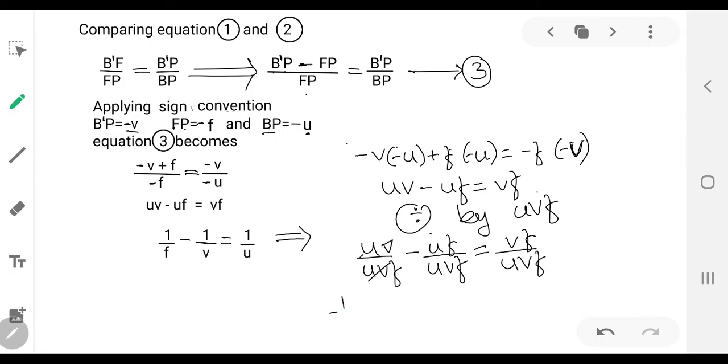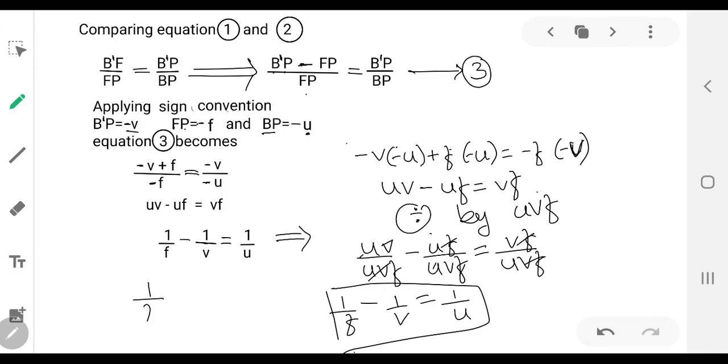What remains? 1 upon F. UF cancels, remains 1 upon V is equal to VF cancels, remains 1 upon U. Now this equation you can rewrite as 1 upon F minus 1 upon V. If you take it to the other side, it becomes plus 1 upon V. So 1 upon F is equal to 1 upon U plus 1 upon V.